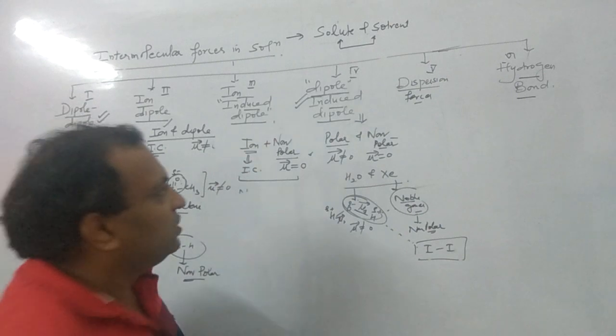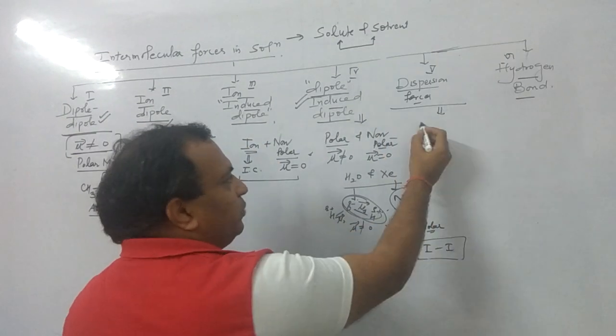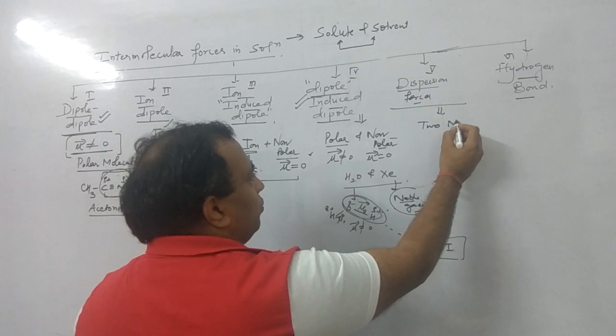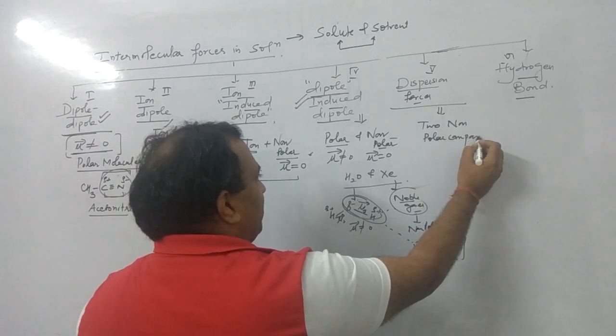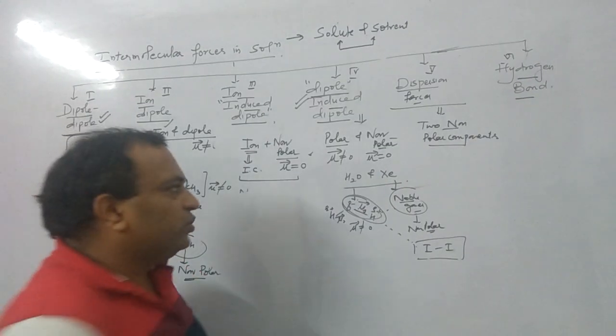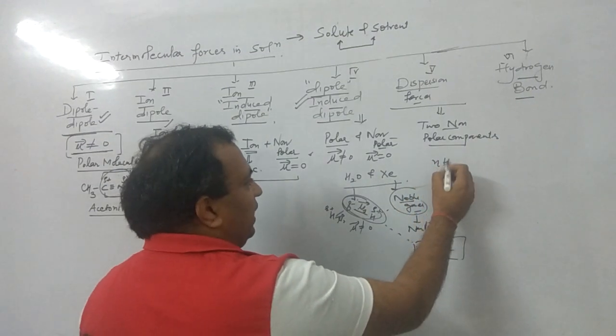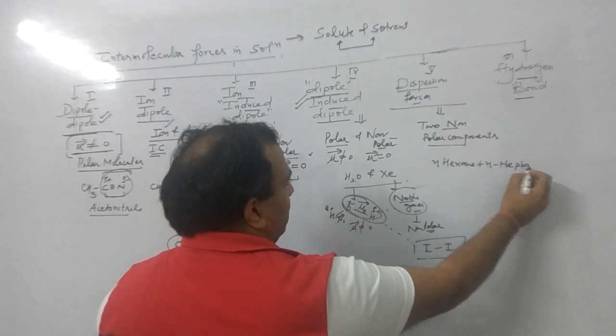Now come to the dispersion force. Dispersion force exists between the two non-polar components. जो आपके दोनों ही कंपोनेंट्स अगर बेटा नॉन पोलर हो जाए, किसी भी तरह की फोर्स नहीं, फॉर एग्जांपल N-hexane plus N-heptane.